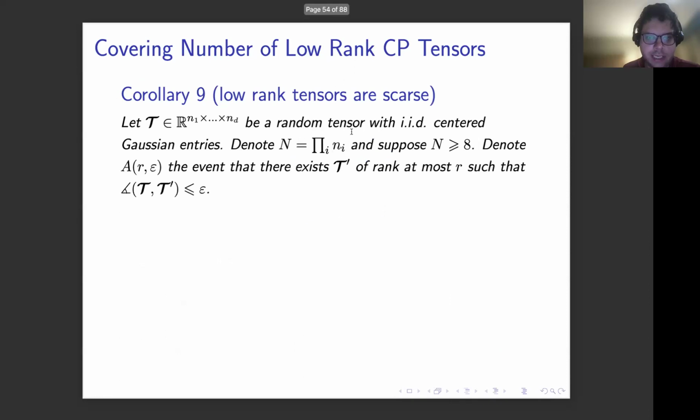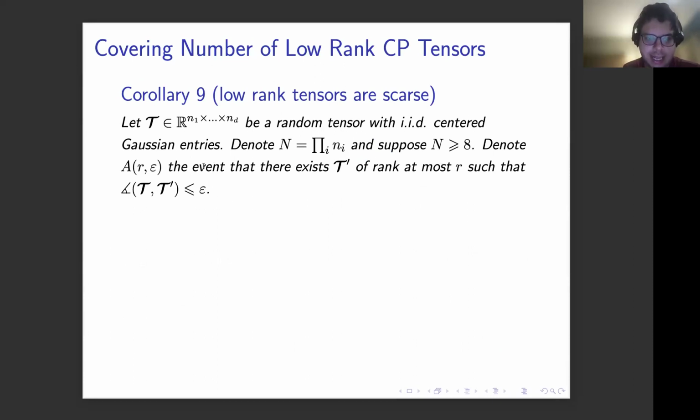Let T here be a random tensor with IID standard Gaussian entries. Suppose our tensor is not super small, so it's at least 2 by 2 by 2.